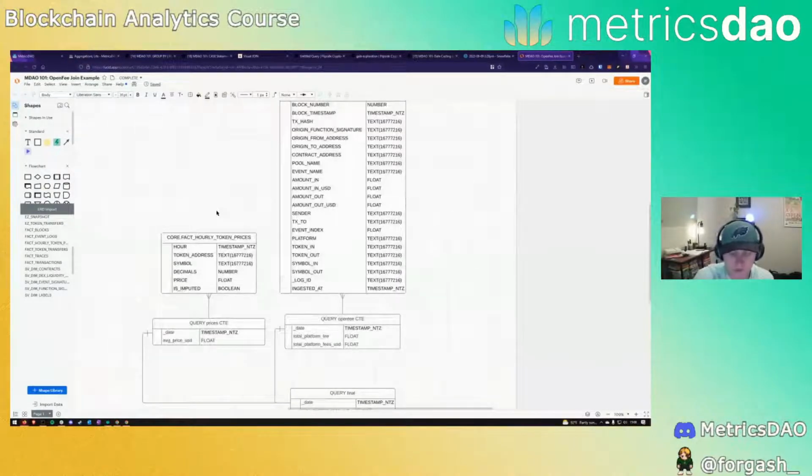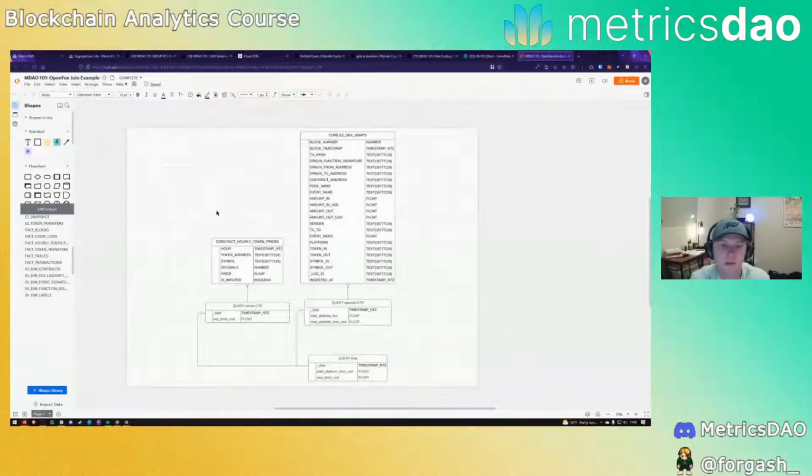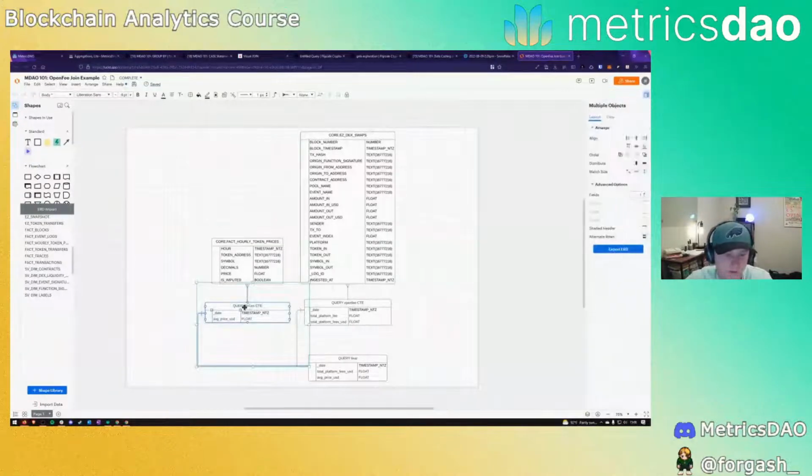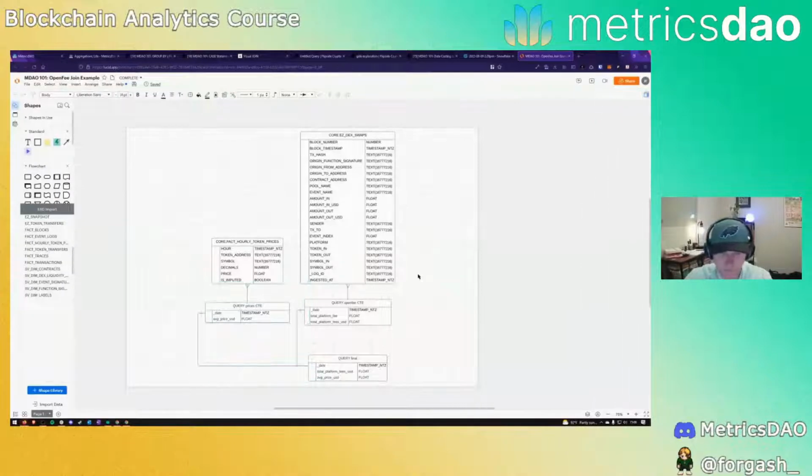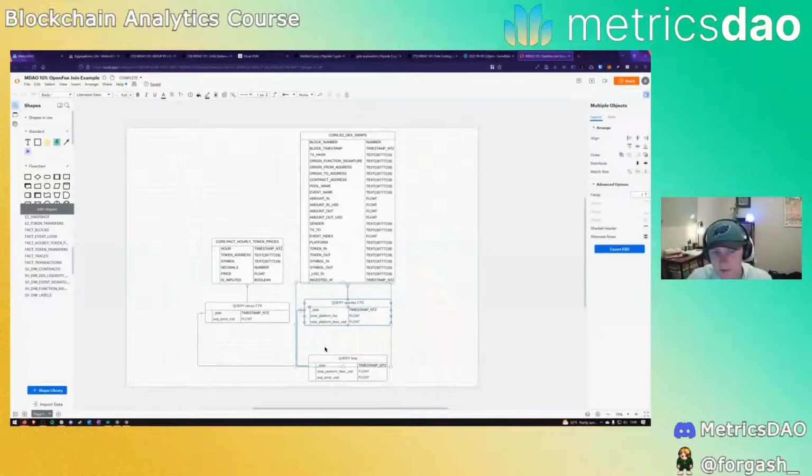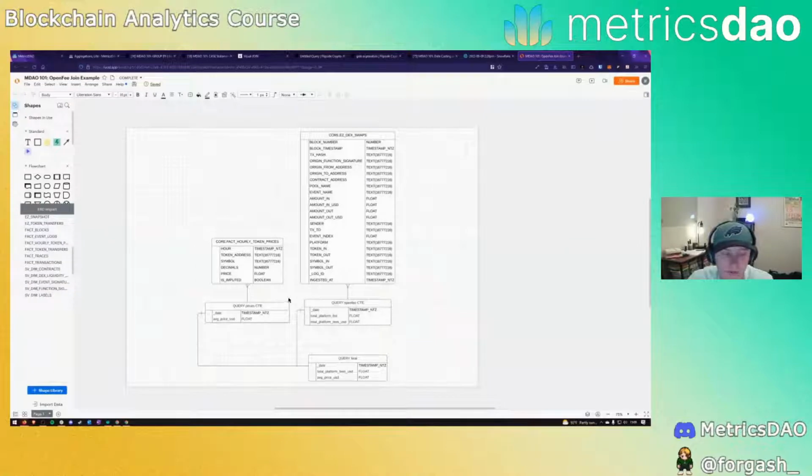But if it helps to think about what's happening when we're grabbing data from hourly token prices, and then we are building this CTE with a query, where we're just getting the date and the average price of it. Separately, we are taking data from the core easy DEX swaps table, and we're grabbing information that we want out of that with the where clauses, and then we're aggregating it with our group by, and we're building this, once again, temporary local table that only exists within the query as it's running.